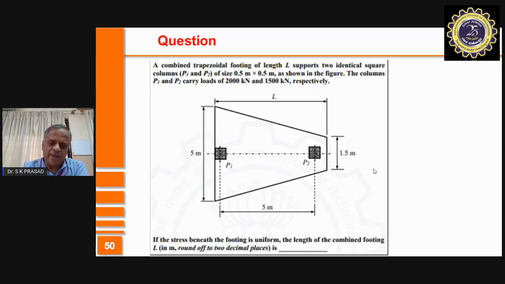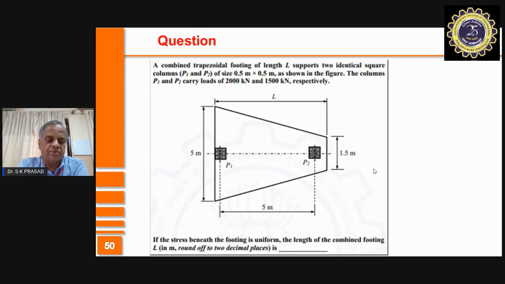Interestingly, when the column next to the property line is heavy, the only option you have is to go for a trapezoidal combined footing. So this is a case of a trapezoidal combined footing in which P1 has a load of 2,000 kilonewtons and P2 has a load of 1,500 kilonewtons.